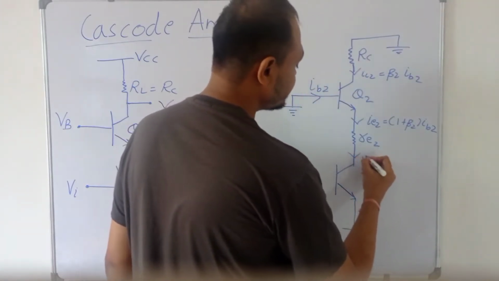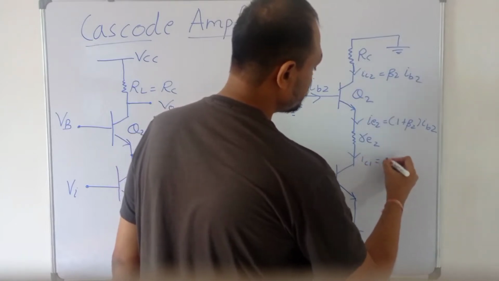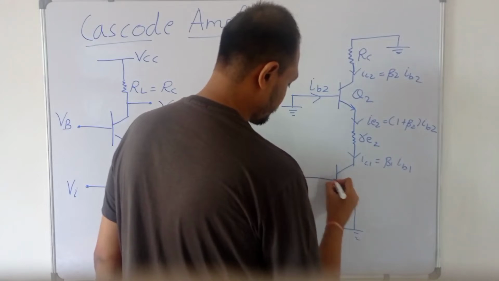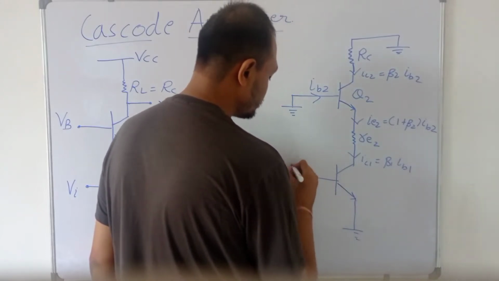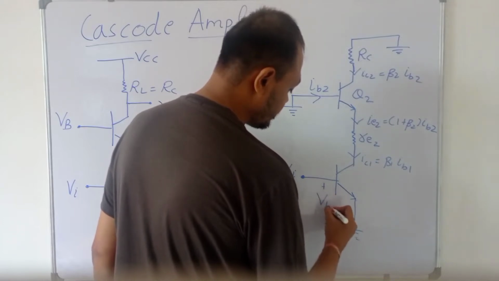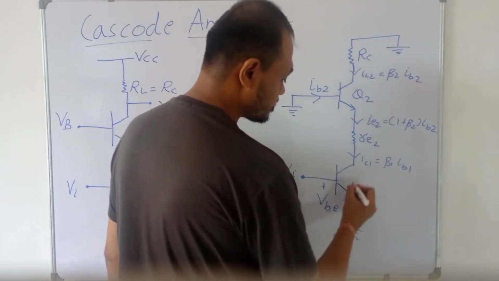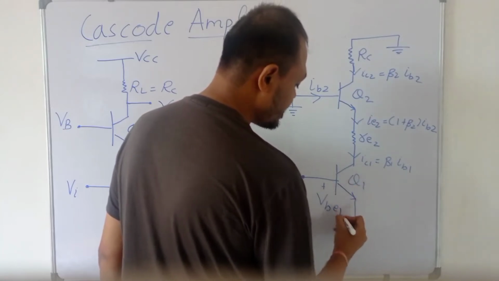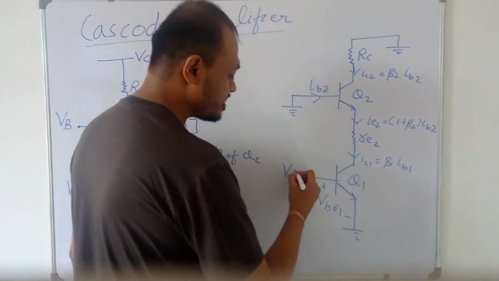And this is IC1, so it is equal to beta 1 IB1. This is your AC source VI. This is your VBE. This is Q1. This is VBE1. Okay, this is V input.